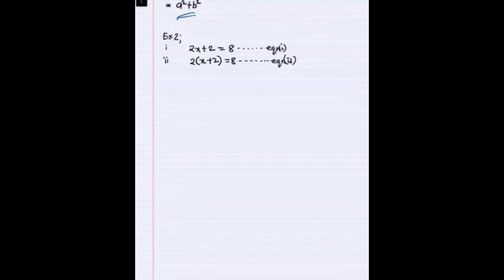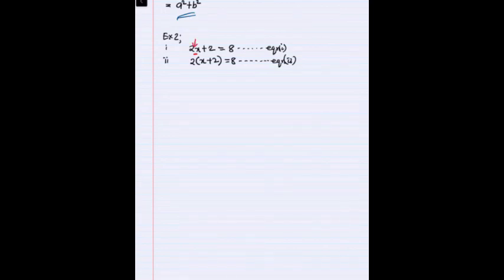As we are seeing these two equations, equation 1 and equation 2, we are going to use a different approach because we have a bracket in equation 2, and we don't have a bracket in equation 1. In equation 1, it means 2 times x.